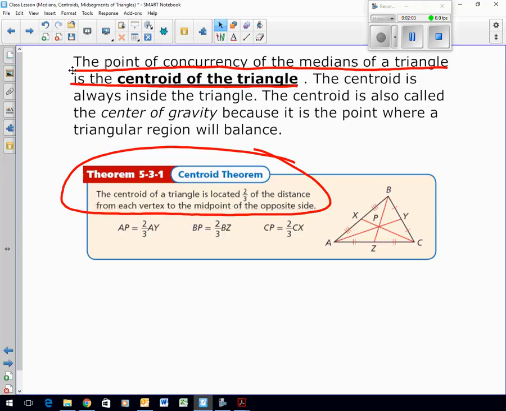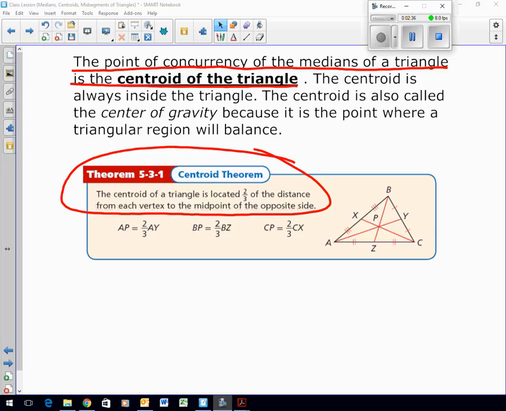2/3 the distance from the vertex to the midpoint of the opposite side. Let me put this in context for you. Y is the midpoint of B to C. Y, we talked about this yesterday.